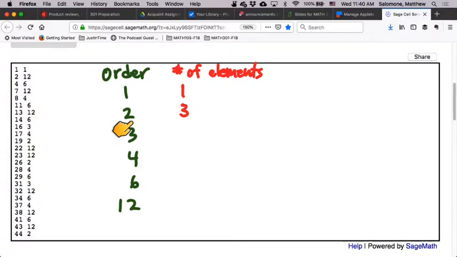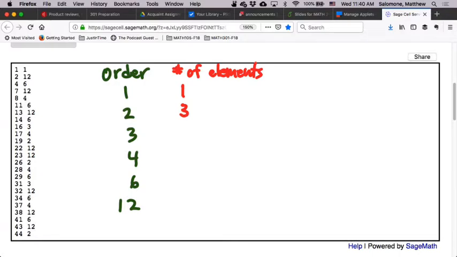Now that we go higher than order 2, what do we know about how many elements there are, without even counting? Can we say anything about how many elements of order 3 there are? There's 2, and that number has always got to be what kind of number, for the number of elements of order higher than 2? Not prime, necessarily. In fact, never prime. These numbers all need to be even.